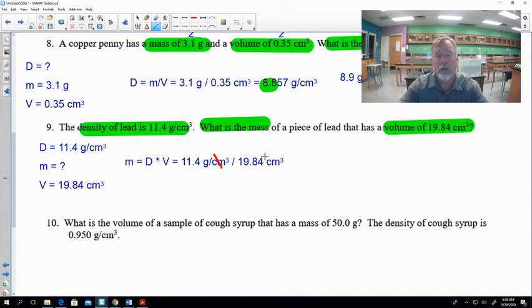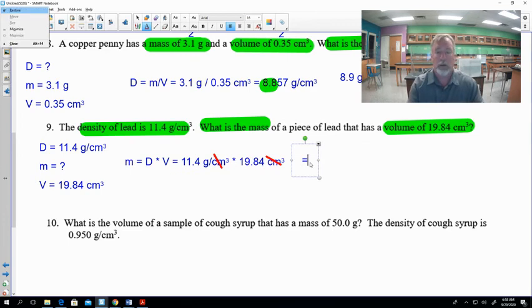We have them in the top of our second term. So we know that these are going to cancel each other. Oh, that should be a times, rather. I'm sorry. So these centimeters cubed are going to cancel. What are we going to be left with here? Our calculator is going to tell us 226.176.